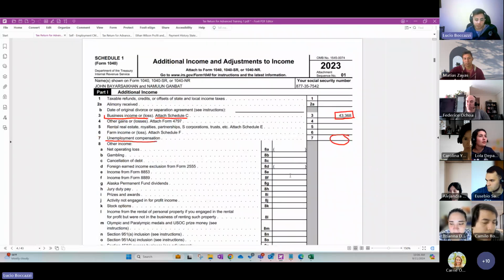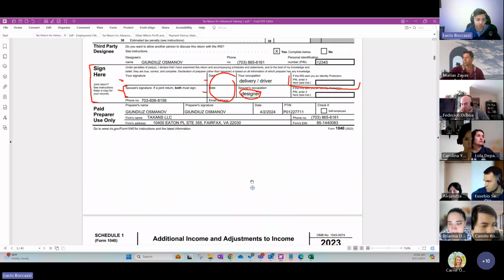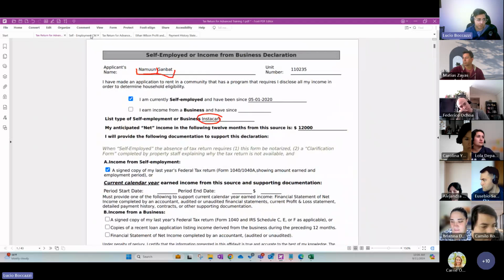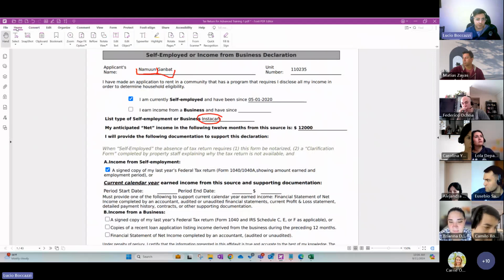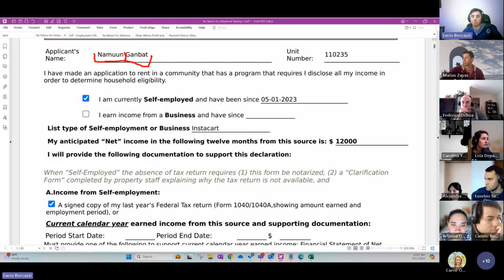Okay, let's talk pretty quickly and I'll let you guys go, and we'll leave everything else for next week. But let's talk about Instacart for a second. Let's pretend that the start date for the self-employment is not in 2020, and let me edit it to say that Namun actually started being self-employed for delivery on Instacart in 2023.